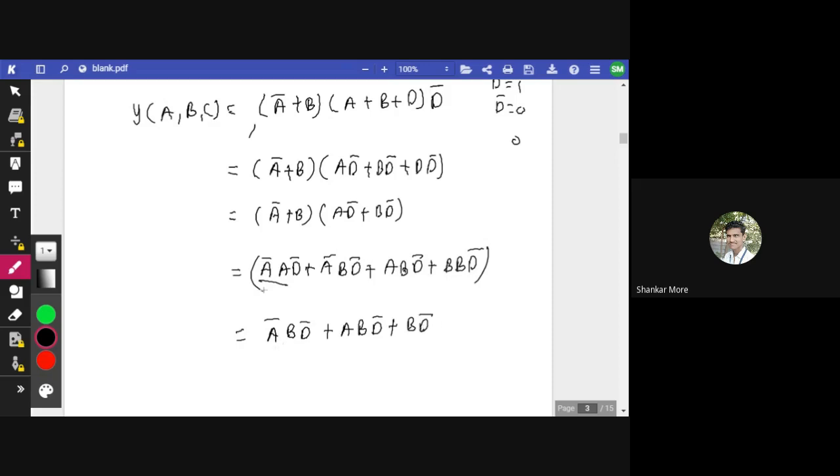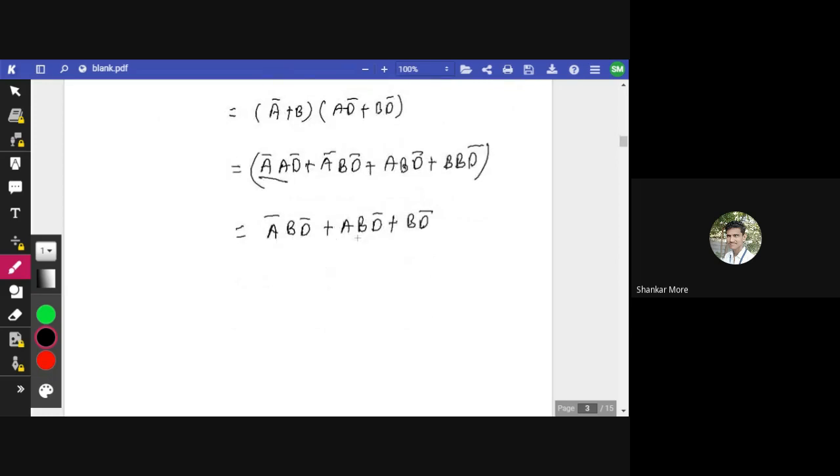Now what we can do is, we can take this b d bar common from these two terms. So see how it looks. Then we have a bar b d bar plus a plus 1 into b d bar. See, a into b d bar is a b d bar, 1 into b d bar is b d bar itself.